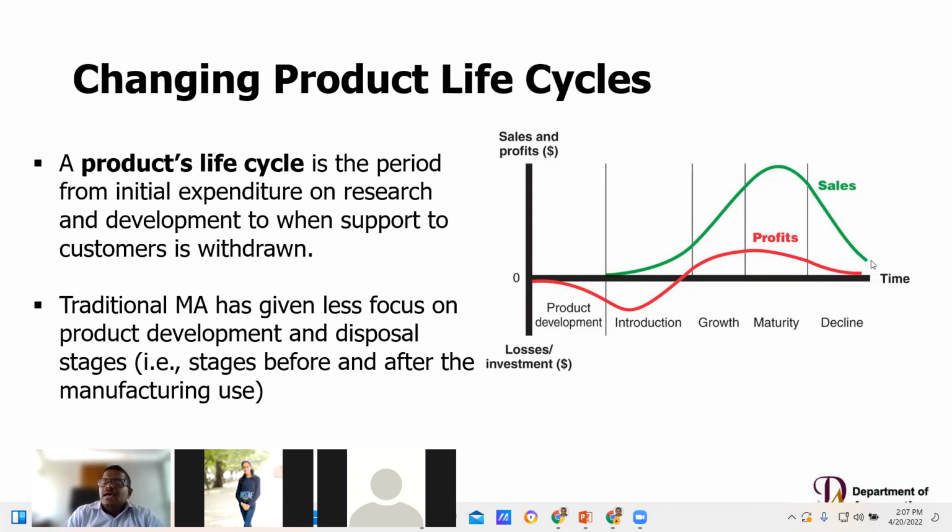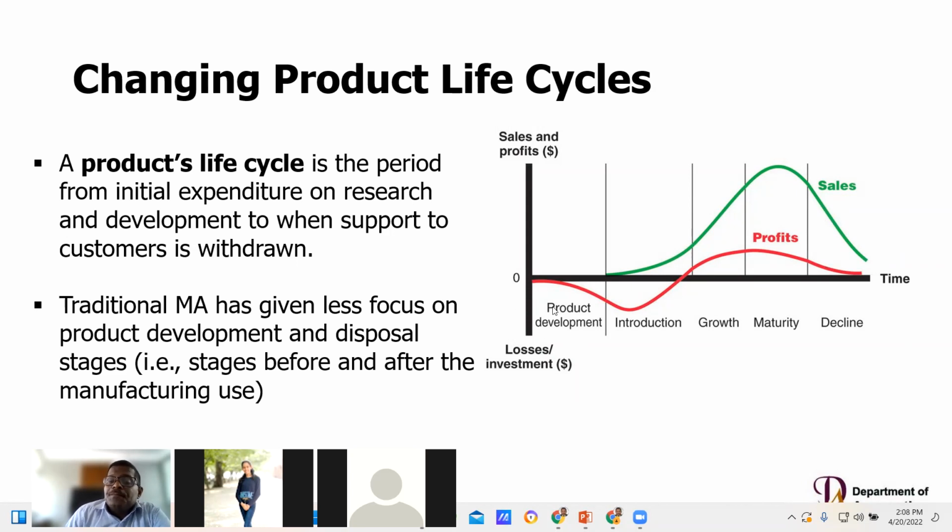So when you look at your profit from the financial accounting perspective, here we are loss making, here again you are loss making, but here you just started to make profit, and in growth and maturity, you maximize the profit, and again your profit goes to zero in the decline stage. That is the changing product life cycle.